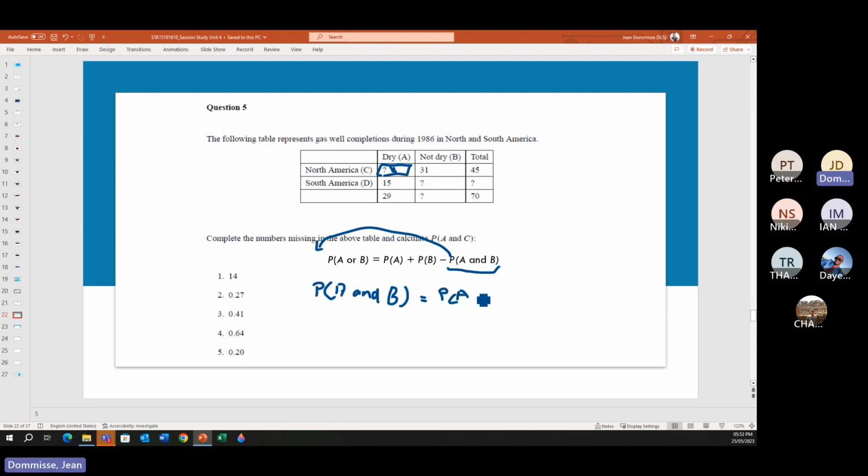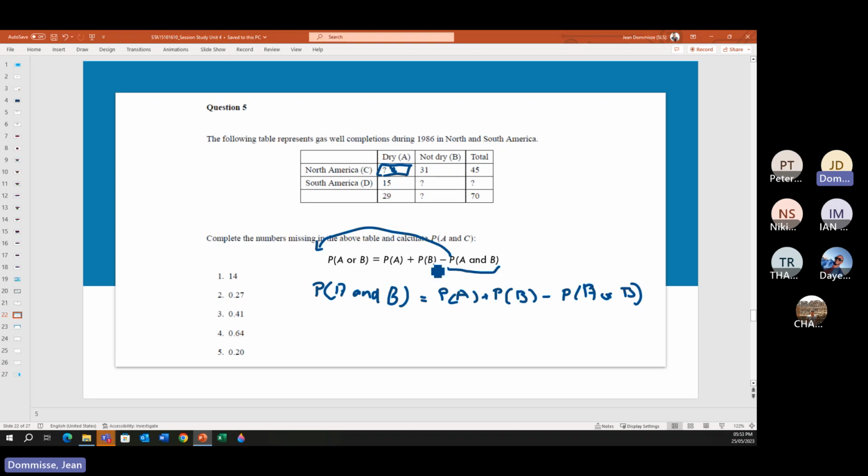So that is if we needed to do it with the formula.